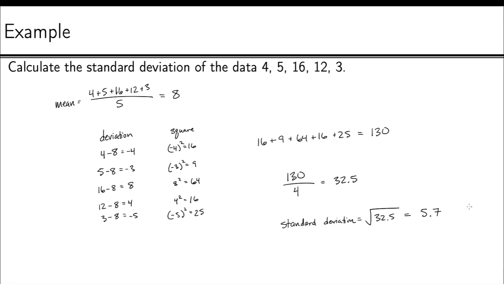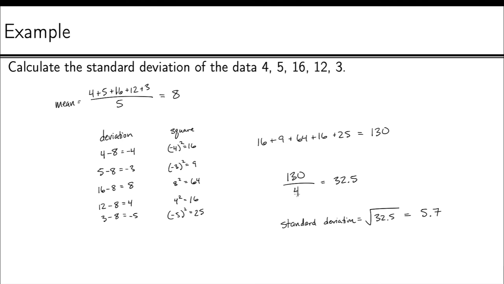What this number measures is kind of like an average distance of these numbers from the mean. It's not exactly that, but for the data 4, 5, 16, 12, 3, we find how far away each is from 8, and that's these numbers here. The reason we square them is because we don't want positives and negatives to cancel each other out. So we square them, add, and divide by n minus 1.